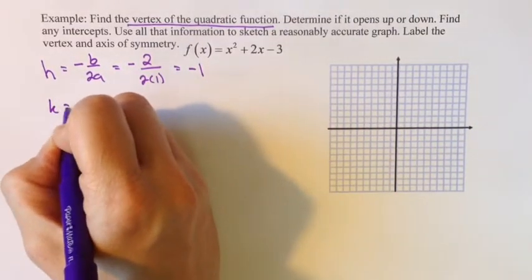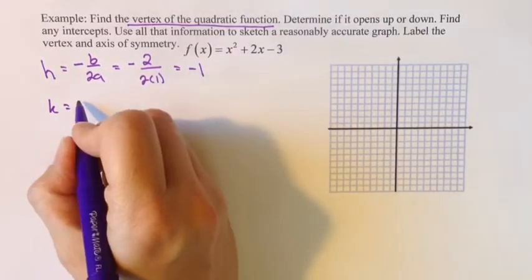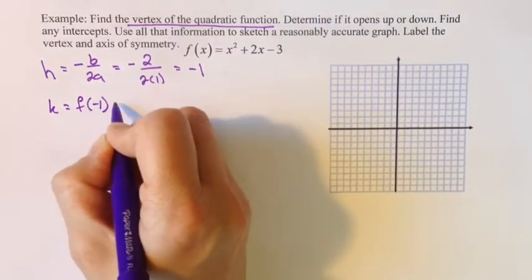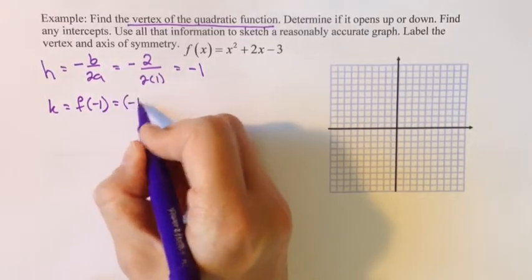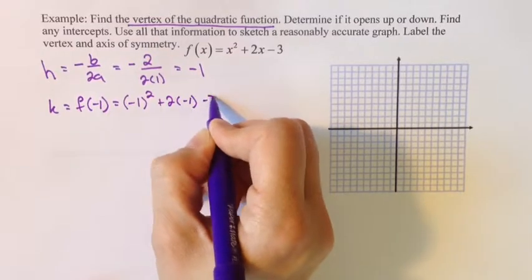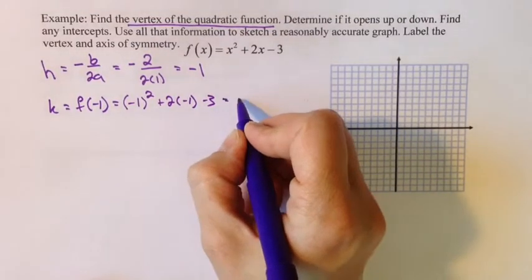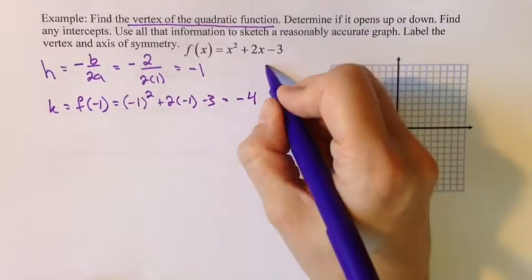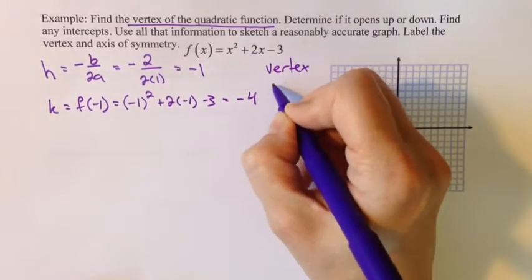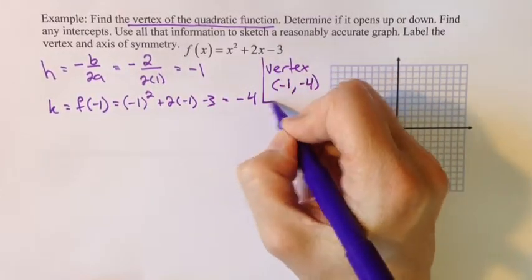To find the y-coordinate, or k, we plug that negative 1 back into the equation. You could write that as f of negative 1 if you wanted to. I'm going to have negative 1 squared plus 2 times negative 1 minus 3. When I simplify all that, I'm going to get the number negative 4. So the vertex occurs when x is negative 1 and y is negative 4.